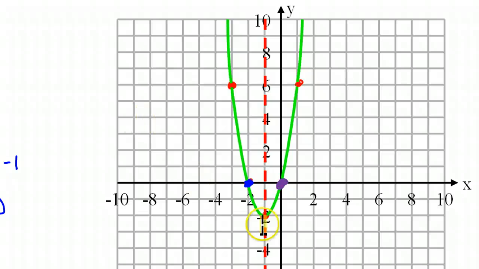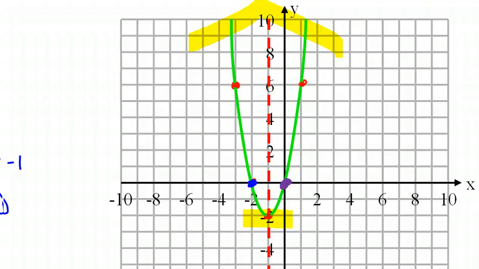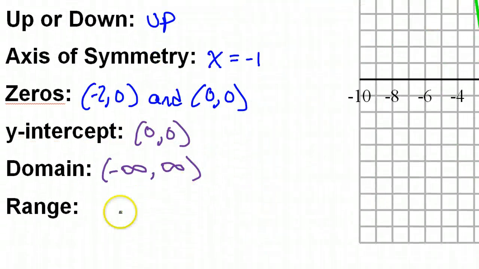Okay? So this is the bottom of the graph right here. And here's the top of the graph. Well, at the top it goes up forever. So the range is going to be from negative 2 to positive infinity, bottom to top. Okay, and the negative 2 will be in a bracket.